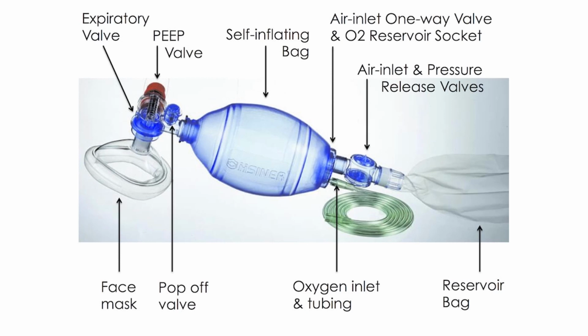In case the oxygen reservoir is connected to the self-expanding bag and the connection to high-flow oxygen is maintained, we achieve inspired oxygen fractions up to 85%, and almost 100% inspired oxygen concentration if we use two one-way valves.